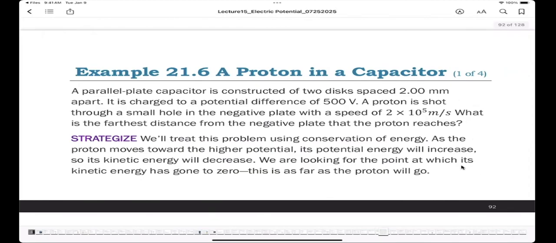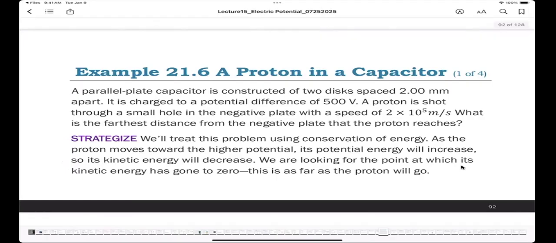A parallel plate capacitor is constructed of two discs spaced 2 mm apart. It is charged to a potential difference of 500 volts. A proton is shot through a small hole in the negative plate with a speed of this one. What is the furthest distance from the negative plate that the proton reaches?